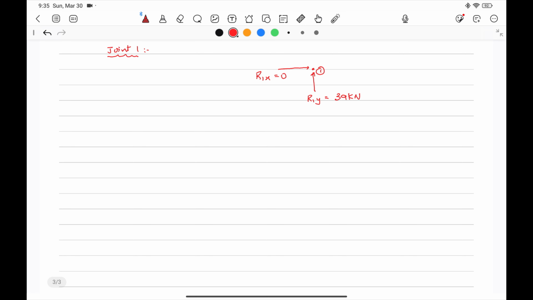And always remember this, for the unknown forces, always think that it is tension. Then, if you get a negative answer, you can afterwards change the direction and say that it is compression.